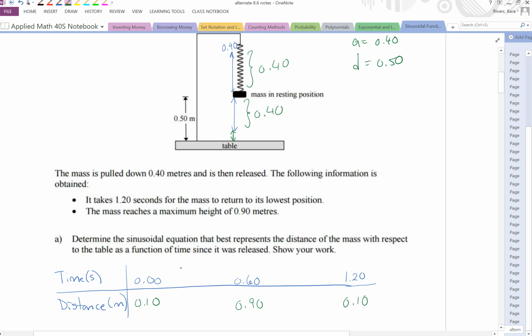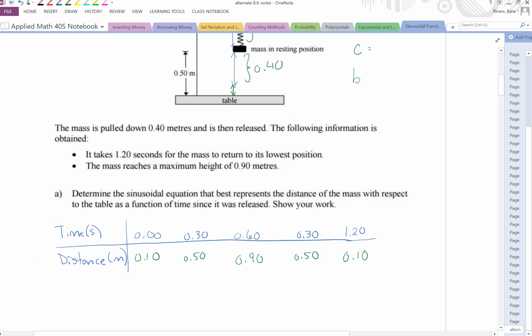So this would be a time of 0.30 here, 0.90 here, and then we would have 0.50 for in between. Now this is more than enough information to get us our sinusoidal regression. Okay? So in terms of our parameter method, if we kept going with this, you can see that it would be a bit more challenging to get your C value, and then your B value as well.